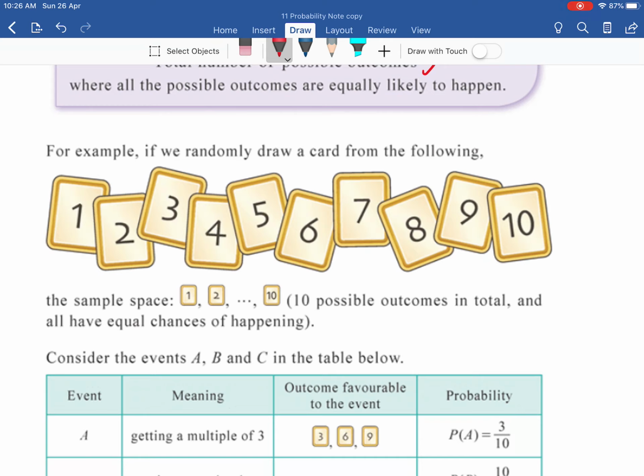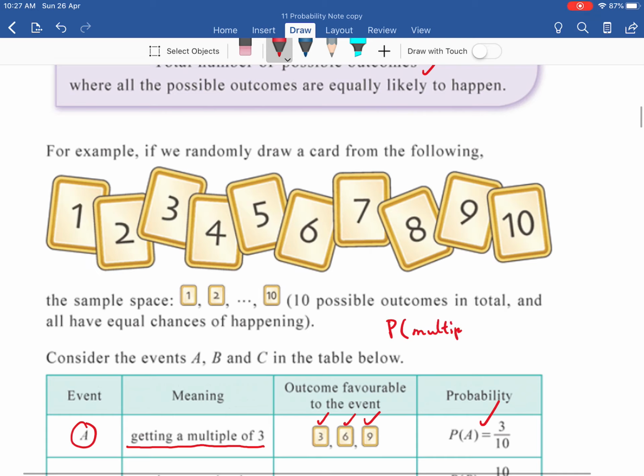For example, there are 10 cards, 1 to 10. Call it event A, the probability of getting a multiple of 3. You know that 3, 6, and 9 are the possible or favorable outcomes to the event A, which is getting a multiple of 3. Therefore, the probability of A is 3/10.